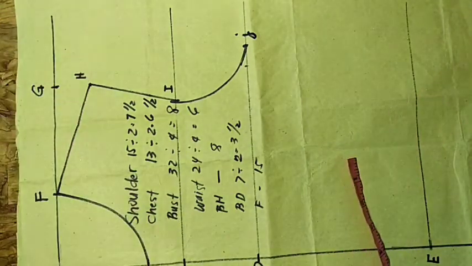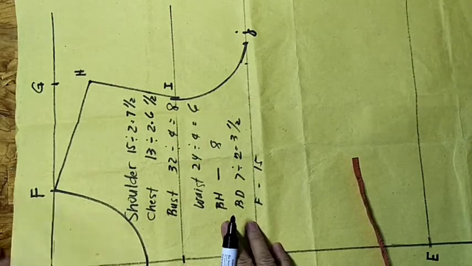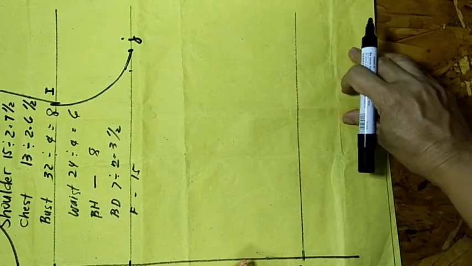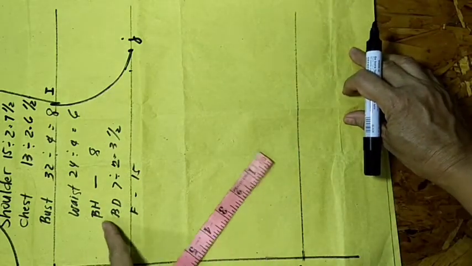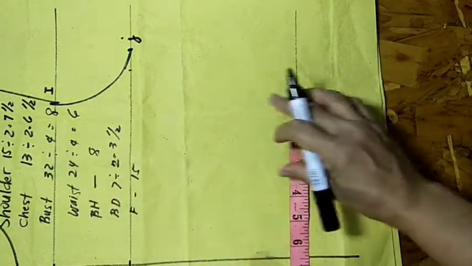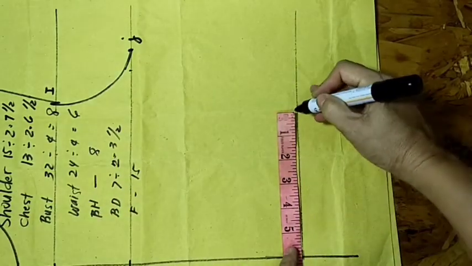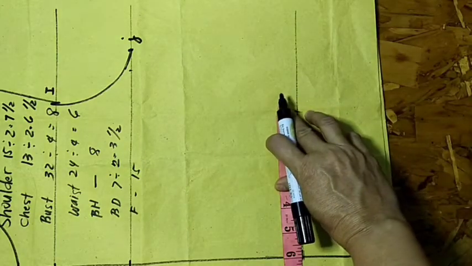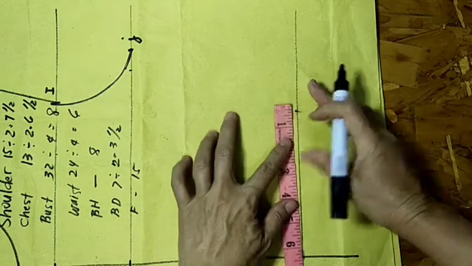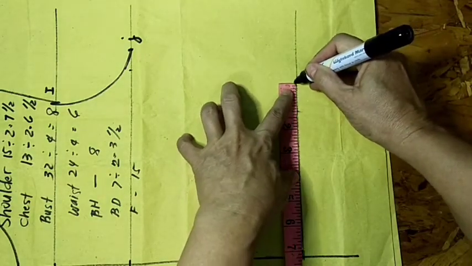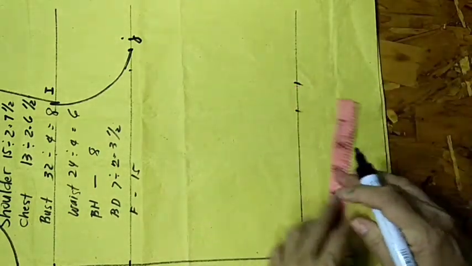Next procedure, EK, this is your E, going to the right, 1/4 of your waist measurement. 1/4 of your waist measurement is 6 plus 1 and 1/4. 1 and 1/4 is your allowance for the dart.